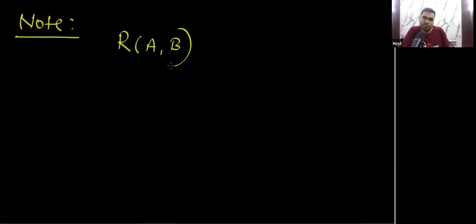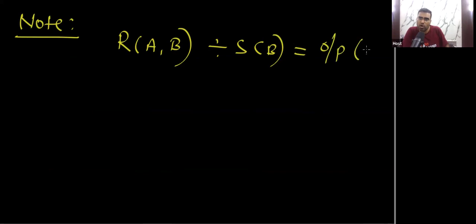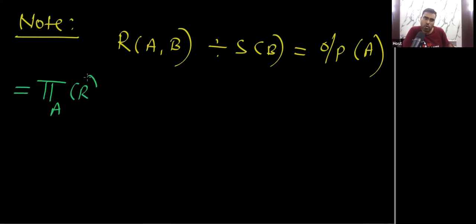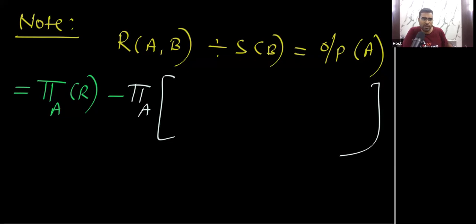So very simple note. What is the division query? If you have R(A, B) divided by S(B), you know the output will have only A. And the query is very simple: Pi A of R, all the A values, minus the disqualified A values. What are the disqualified A values?